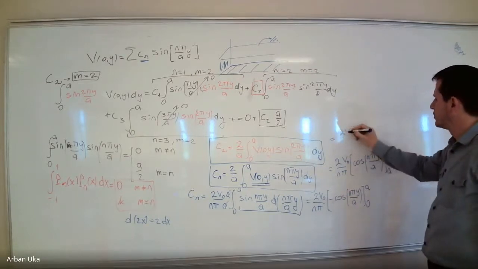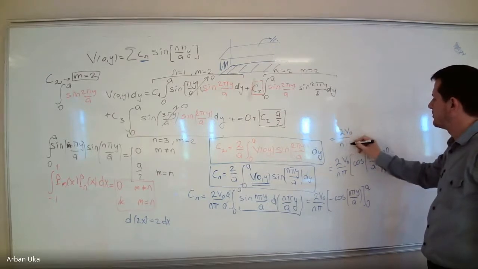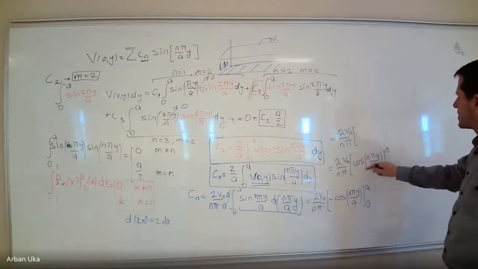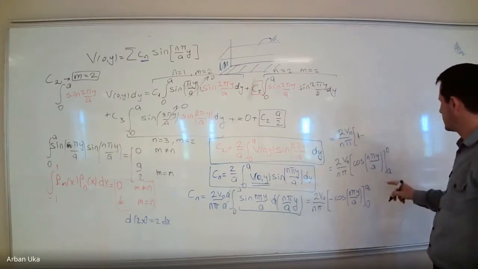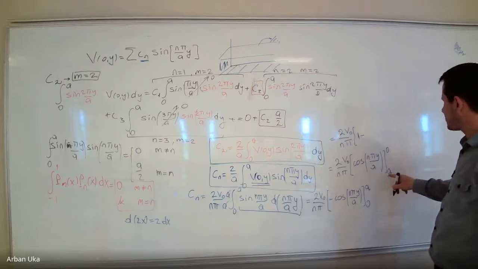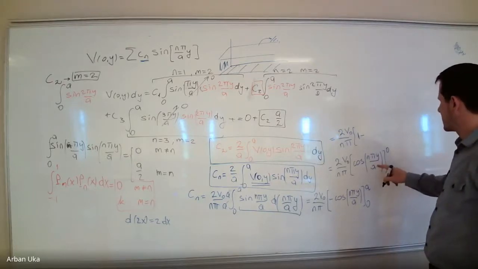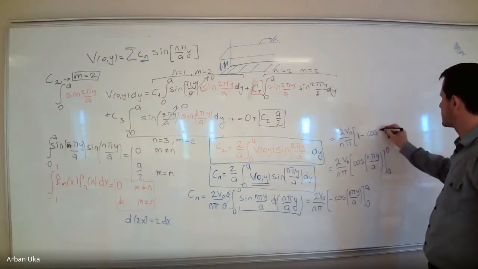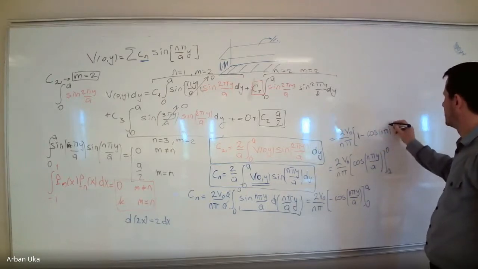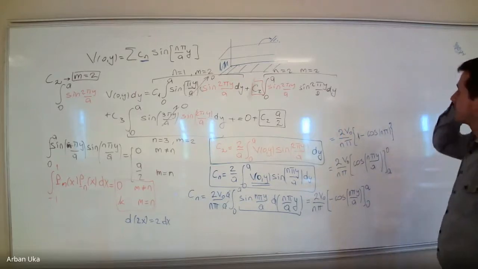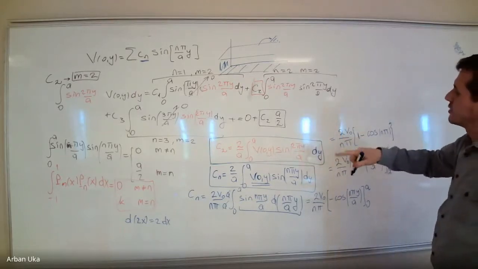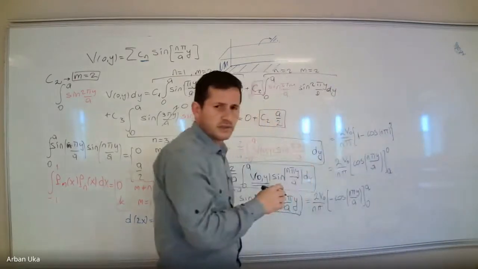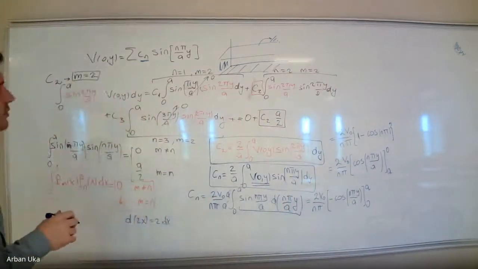Then this would be equal to 2v0 divided by n pi multiplied by, we substitute the 0. Cosine 0 is 1. Minus, if we substitute here a, this becomes minus cosine of n pi a over a. This is cosine n pi. Okay. So it looks like the coefficients that we have to include can be written. Let me see what is the best place to write this down.